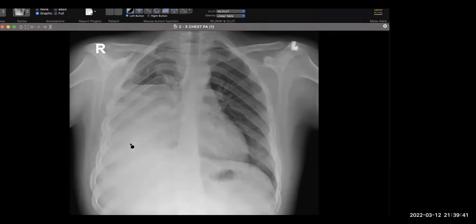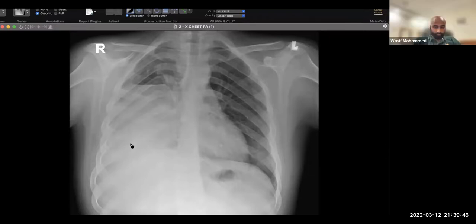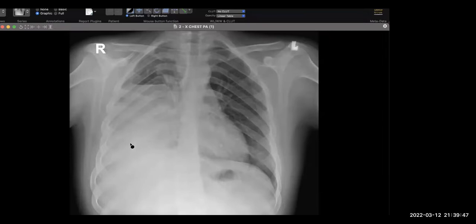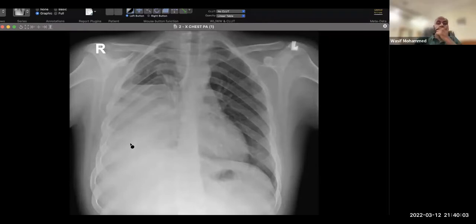The left lung is also within normal limits. The visualized bones are fine. So the only predominant abnormality on the right side is this homogeneously opacified area in the right middle and lower zone with a sort of a horizontal level at the top of it.